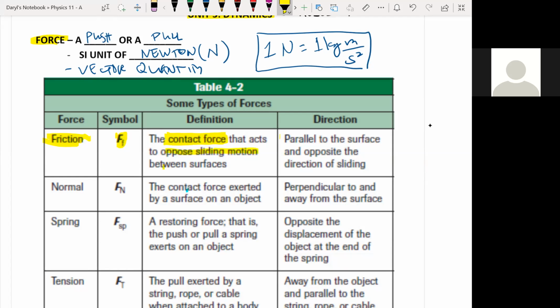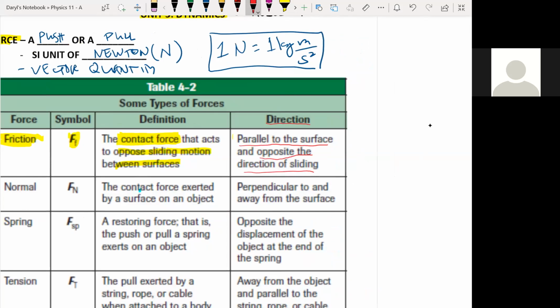Okay. And its direction, well, it's always parallel to the surface, but opposite to the direction of the sliding motion. Okay. So that means that if you have a surface, so this is your surface, and if you have an object on top, okay, so let's say, for example, the velocity of the object is that way.